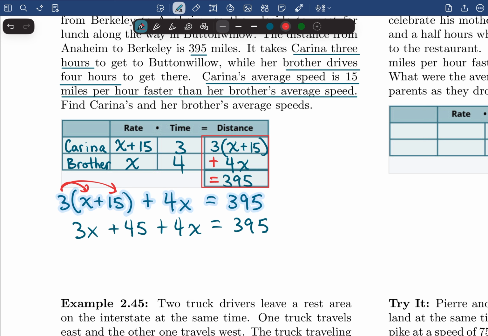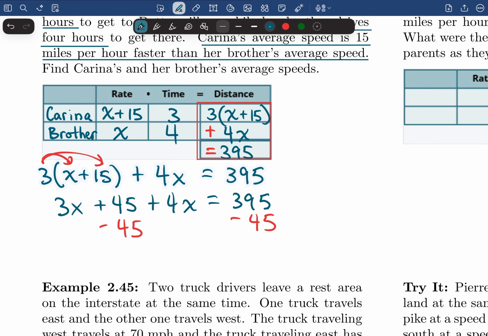Next, subtract the constant to the other side, so it's with the other constant, and then take the terms with the variable in it, like 3x and 4x, and add them together to make 7x. And 395 minus 45, that gives me 350. And now I'll divide by 7, and I find out x equals 50.